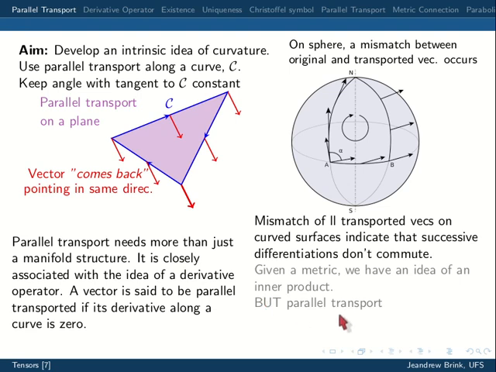Remember, we defined what the metric was just to get a feel for it. We said it was a symmetric tensor. It was not degenerate. In other words, you could find its inverse, and it had some other properties that we got earlier on. You do not need a metric to define parallel transport. However, if you do have a metric, it becomes easier. It's a subset of all manifolds on which you can define parallel transport that has a metric.